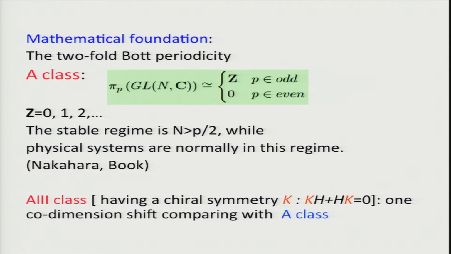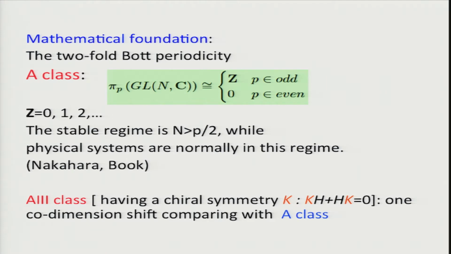But in addition to this one, there is the other kind called AIII. The AIII does not have the A-class property, but it has the so-called chiral symmetry. That is, there is an operator that anti-commutes with the Hamiltonian. For example, some graphene-like systems have a chiral symmetry.